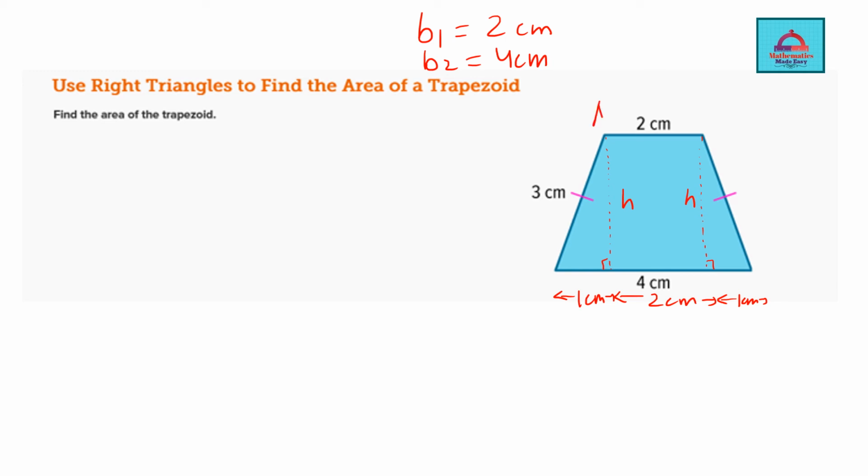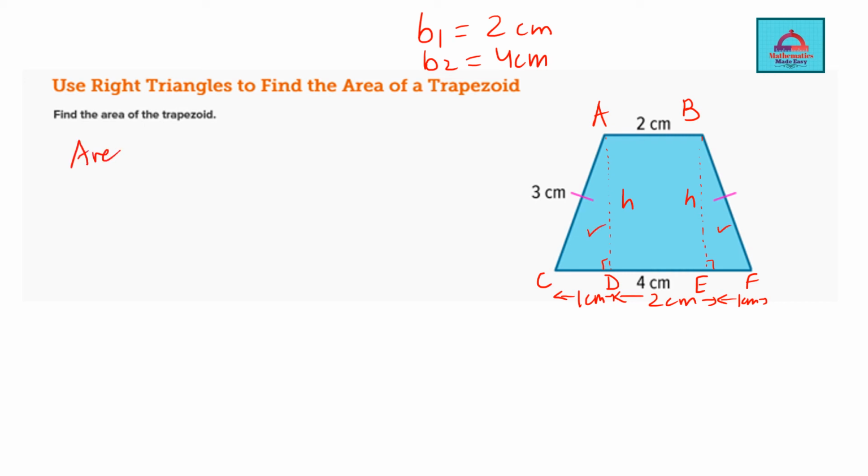So let's label A, B, C, D, E, F. Now, can I say the area of the trapezoid is the area of, you have just done what? You have broken them into equal parts. So one is a right triangle, one is a rectangle, and the next one is again a right triangle. So the area of this triangle and this triangle will be the same.